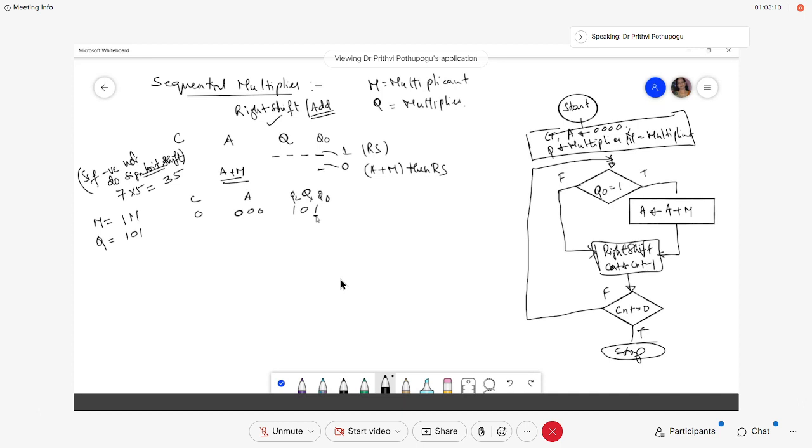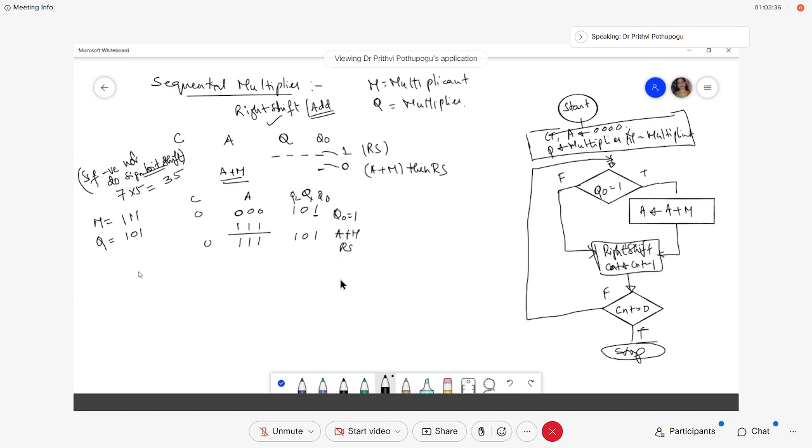What should be done? We need to add the multiplicand and see the result. So 0, 1, 0, 1. We need to do the right shift. A plus M, since Q0 is 1. Right shift means this should be coming here, and this will be coming here.